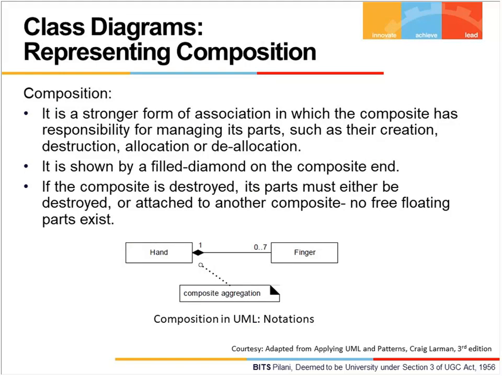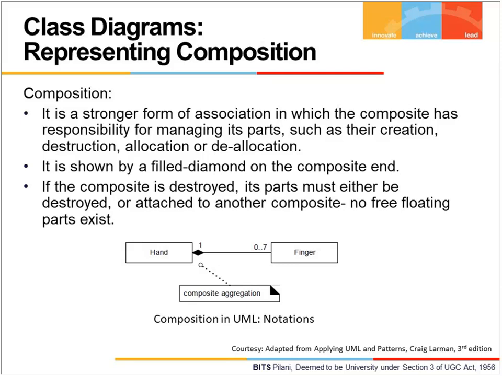The fingers do not have an existence if they are not attached to a hand. My fingers do not exist unless and until they are attached to a hand. So this is an example of a composition.